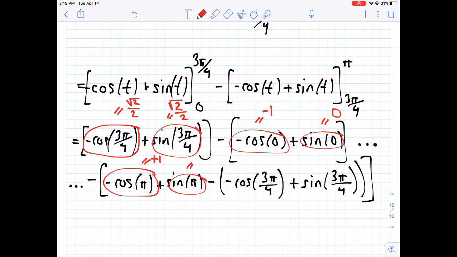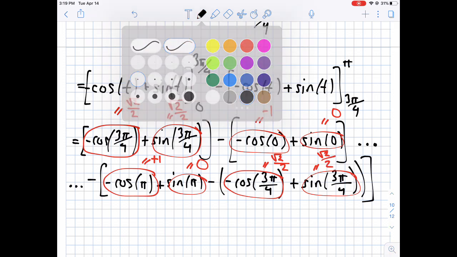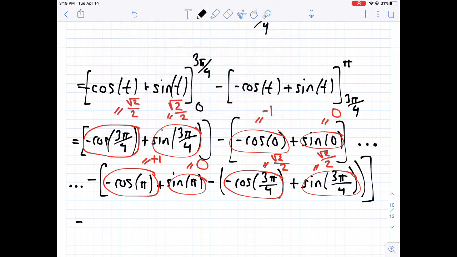Sine of pi, however, will be 0. Then we have negative cos of 3 pi over 4 again. That's going to give us positive root 2 over 2. And again, sine of 3 pi over 4 is also going to be root 2 over 2. So now let's just put this all together. We end up with root 2 over 2 plus root 2 over 2 from this first part.